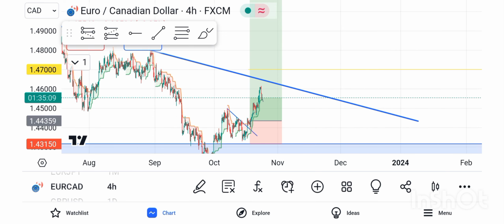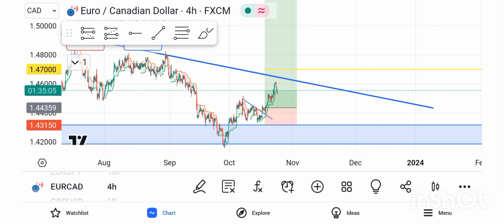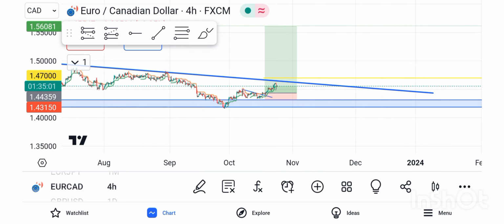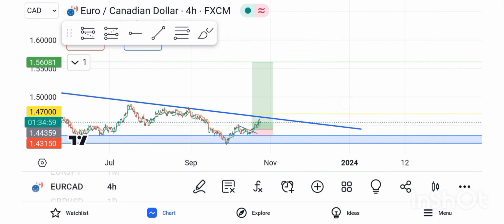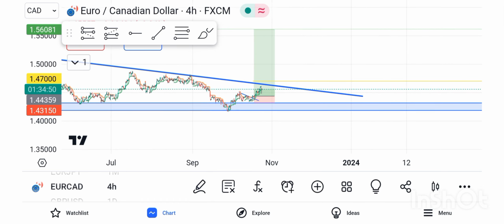Currently the price is already buying off of the support zone, but we don't believe it's going to go so far up to this level. We don't think it would go this far because of the head and shoulder pattern we are seeing in the weekly time frame.